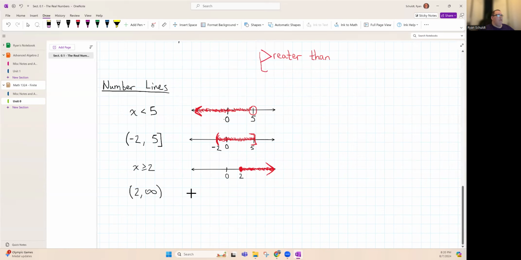So we're not going to do the dots anymore. Now we're going to have to do the parentheses. And since it's a parentheses, that means we don't even include the 2. Our solution set doesn't include that 2. So we'll put a parentheses at 2, and then we'll shade to infinity. To infinity and beyond!